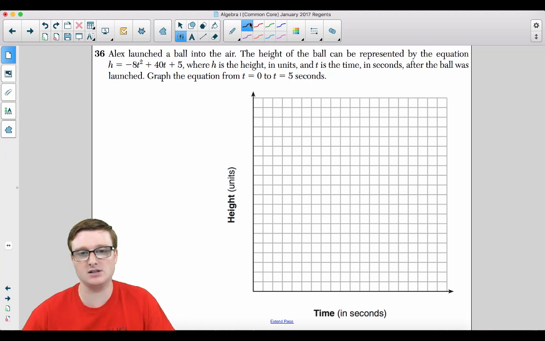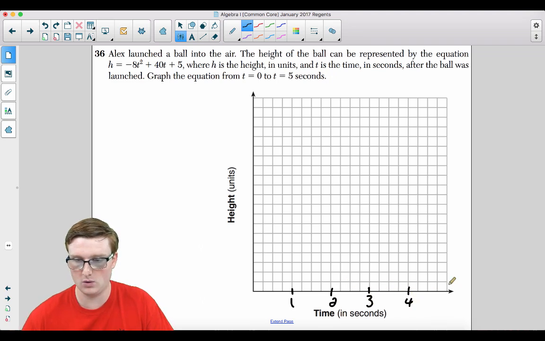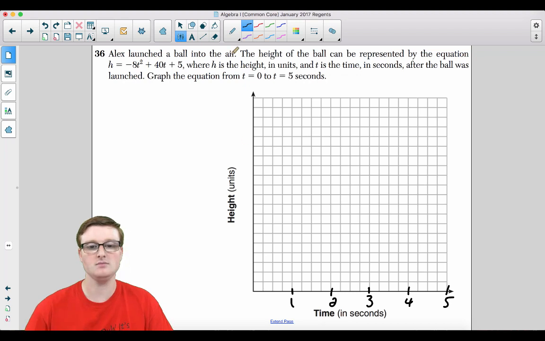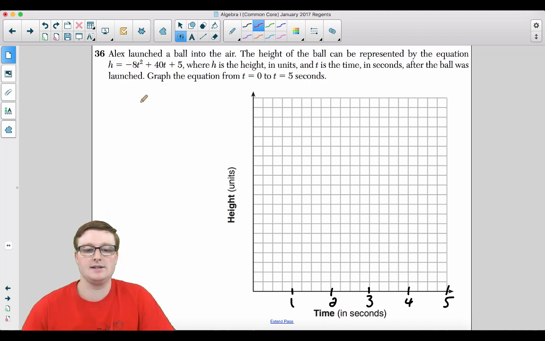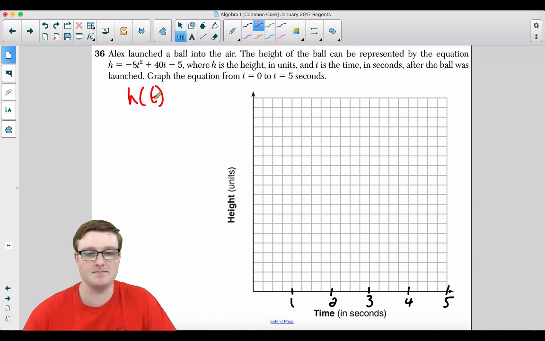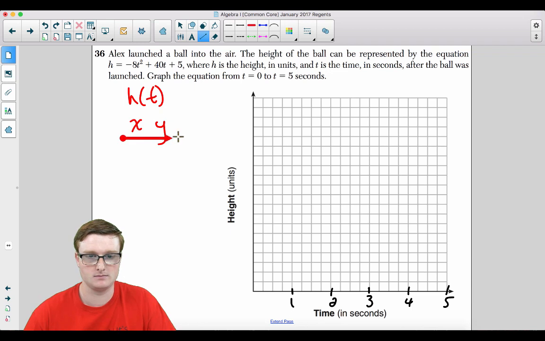So what I did for this graph is I actually counted by 4 boxes. So that's 1, that's 2, that's 3, that's 4, and this is 5 over here. Basically I'm going to set up a table of values, an x and y table for h of t.